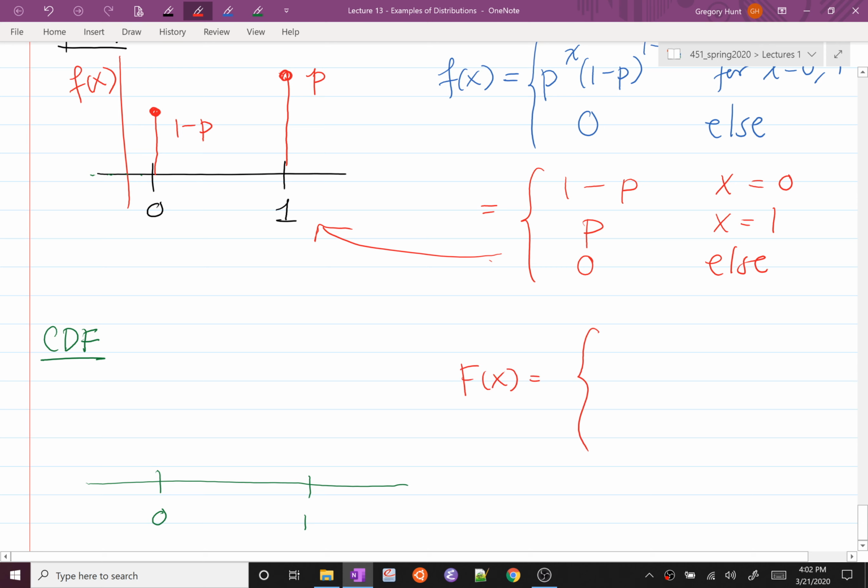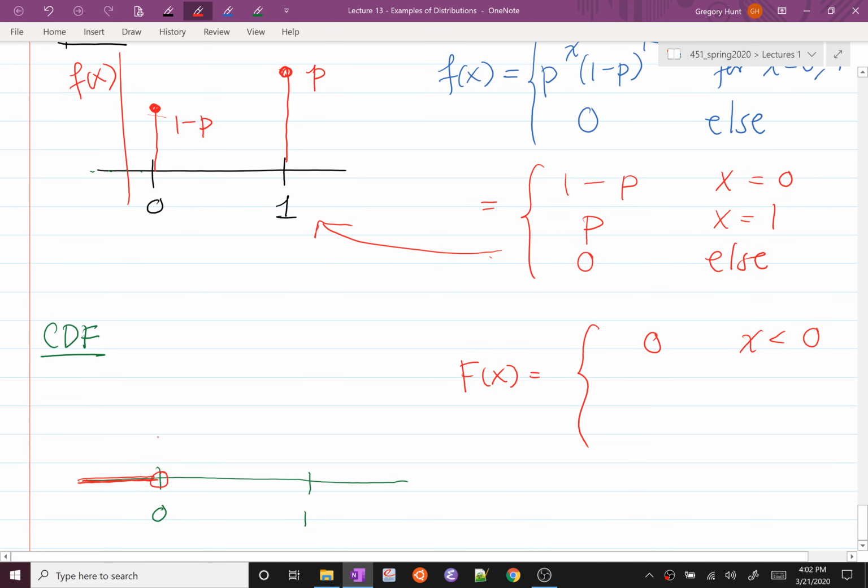There'll be a couple cases for F of x. If x is less than 0, we have no mass to sum up, so we're 0. So we'll go 0 all the way up to 0. At 0, it jumps up. We include this mass 1 minus p. So we jump up here to 1 minus p.